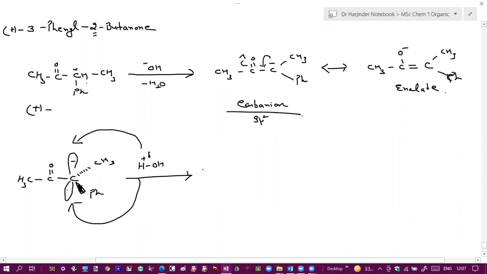That gives rise to two products in the same amount, with loss of hydroxide ion. When attack takes place from above, it will become like this.